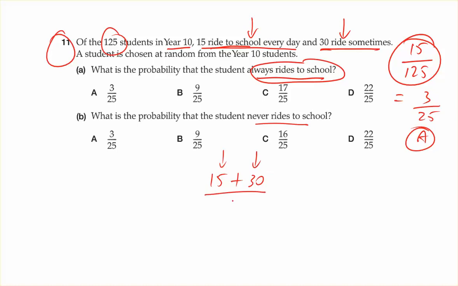What I'm doing is I'm actually trying to find the complement. Why am I finding complements? I'm going 1 minus when they do ride, whether it's sometimes or every day.